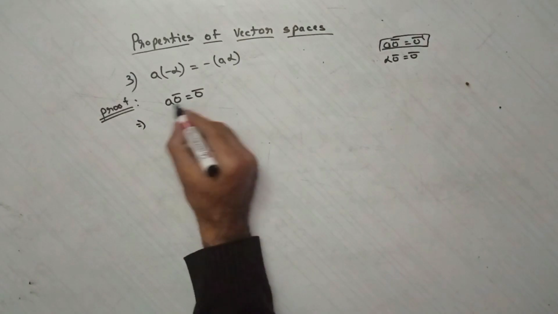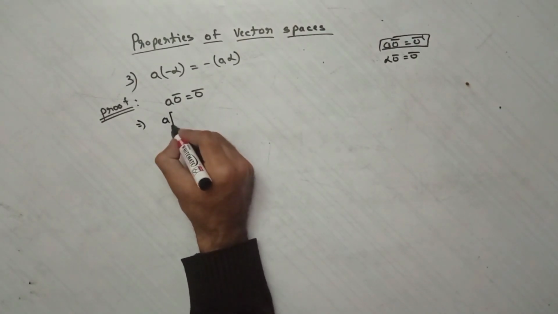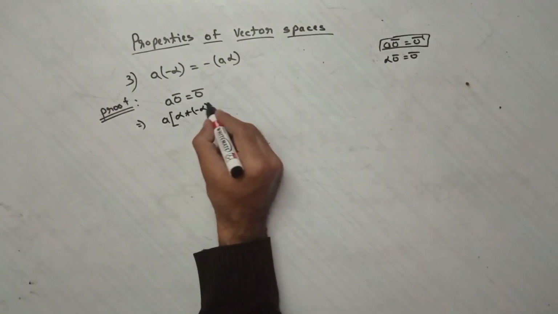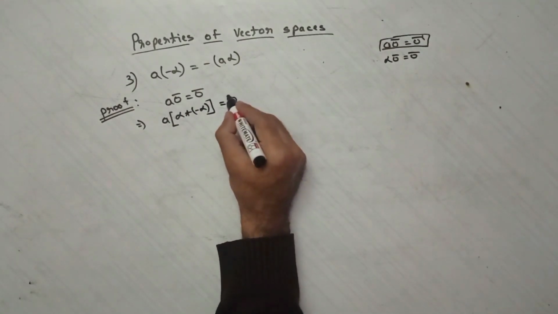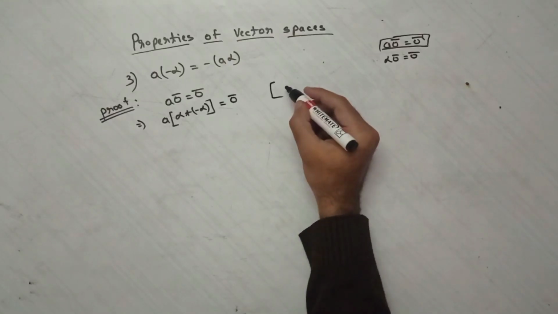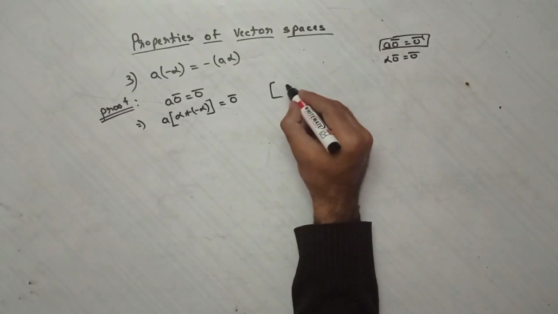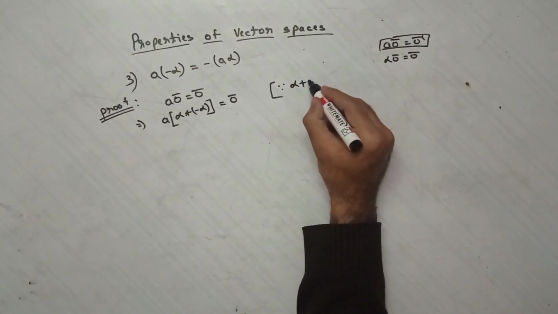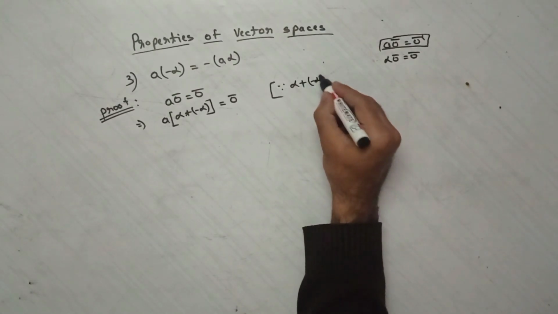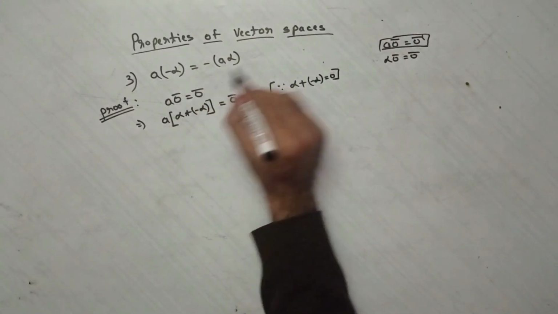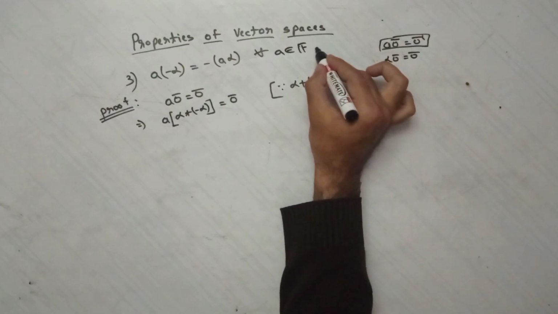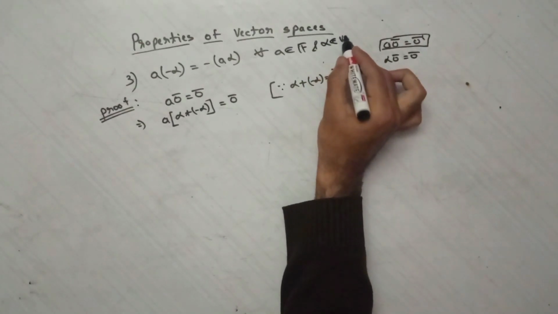Again we step forward, we can write a of alpha plus minus of alpha equals 0 vector, for all a belonging to F and alpha belonging to V.